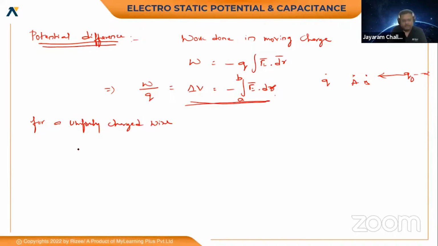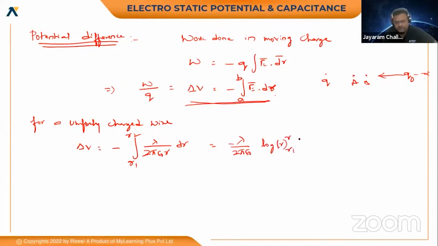potential difference can be written as delta V, which you can find by the integral of the electric field for a charged wire at an infinite distance, which is lambda by 2 pi epsilon naught r into dr. We are changing the radius from r1 to r2, and this will be equal to lambda by 2 pi epsilon naught into negative log of r, where the values change from r1 to r2.